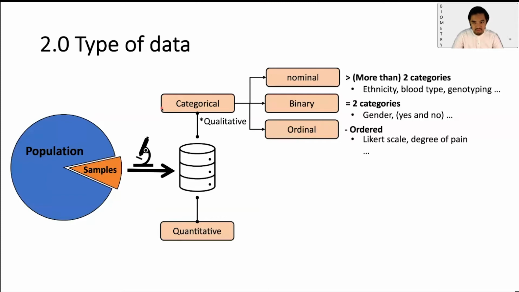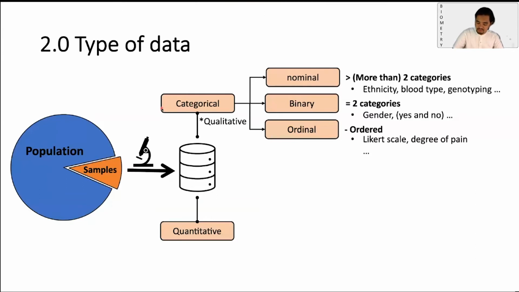The binary, by all means, you have only two types, for example gender, male and female, or when you're asking for feedback, whether it is good, yes, and you don't like it, you just say no. As long as the data only involves two categories, it's considered binary data.